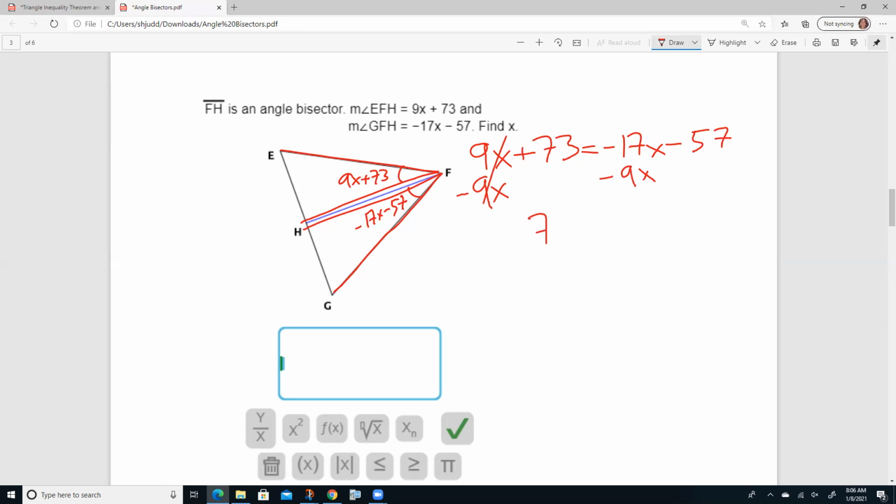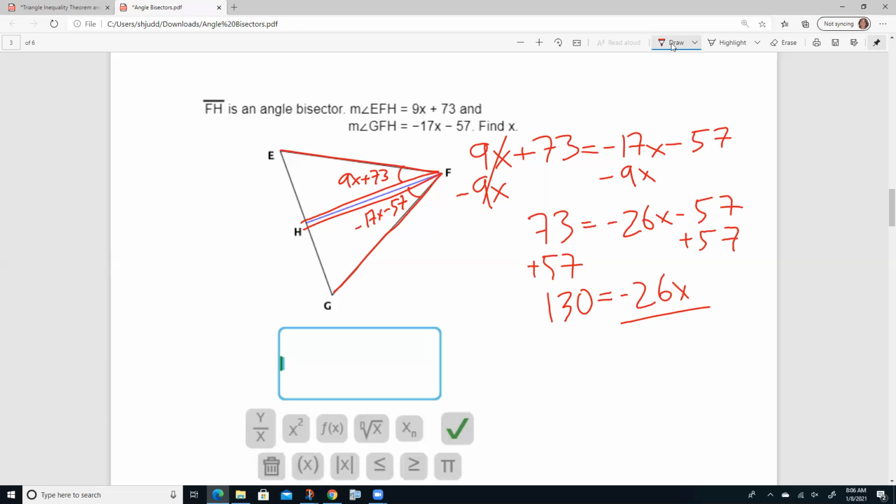It's going to give me 73 is equal to negative 26x minus 57. Add 57 to each side, and that's going to give me 130 equals negative 26x. I'll divide by negative 26. That's going to give me negative 5 as my value of x.